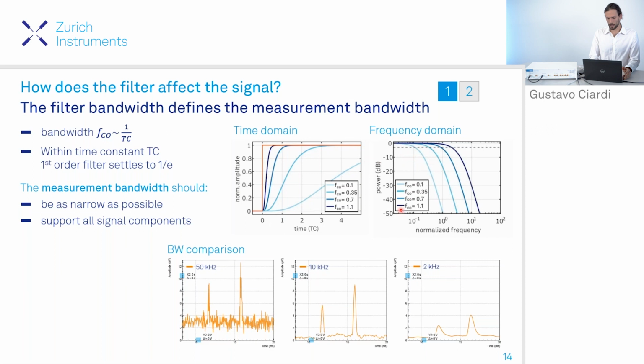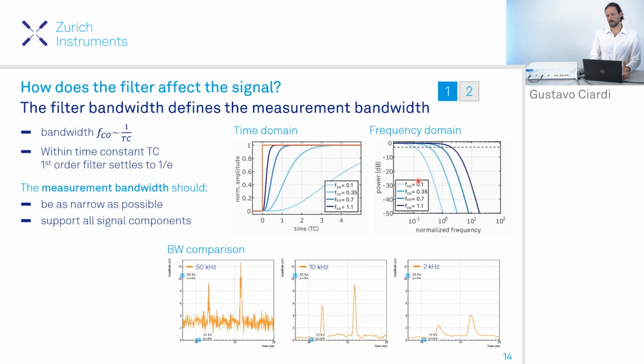If we have a look at the filter functions for different filter bandwidths here on the right-hand side in the frequency domain, we can see that higher filter bandwidth means that the cutoff frequency of my filter is at a higher frequency. As it's clear, higher bandwidth filters allow more frequency components to go through the filter, meaning that also more noise can leak through the filter itself.